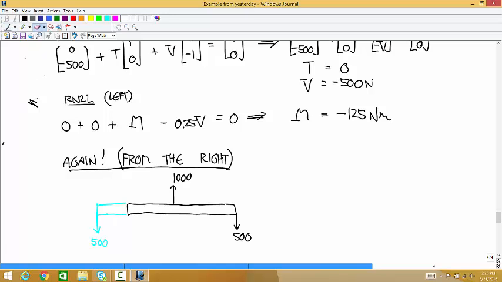So what direction would a positive tension be? Yeah, to the left. And what direction would a positive shear force be? Up. And positive bending moment? Clockwise, yeah.